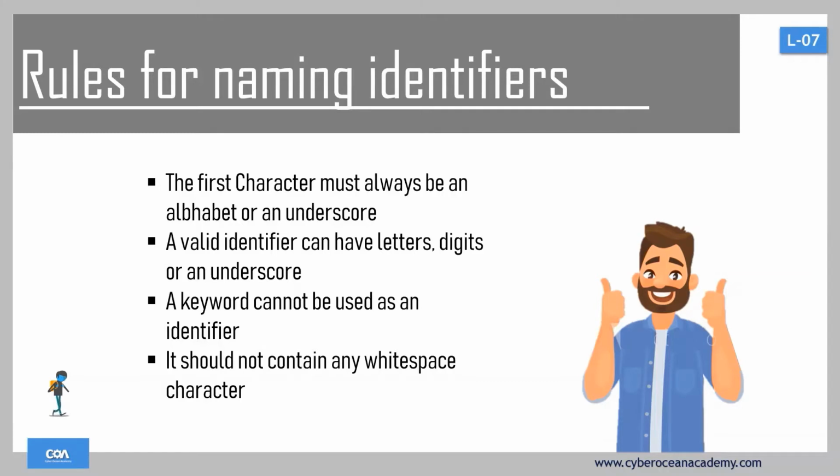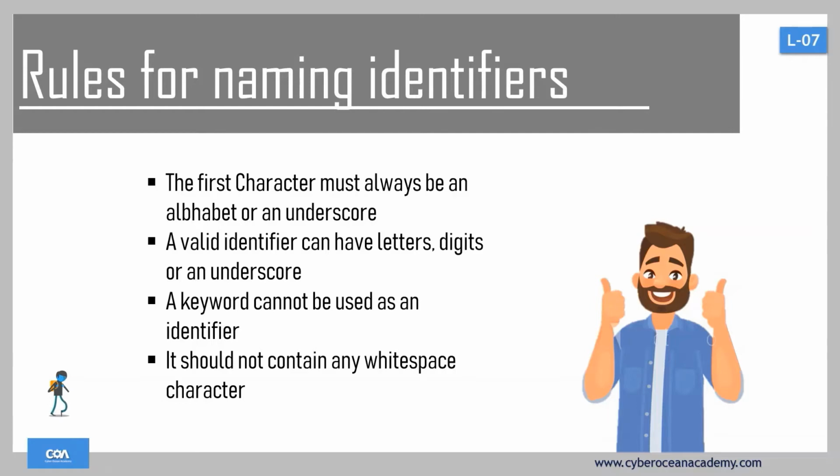Now, how can you identify the name of an identifier? In the next lecture, I will talk about variables, and there you can understand how to define the name of a variable, following these rules, and you can see practically which identifiers are valid and which are not.